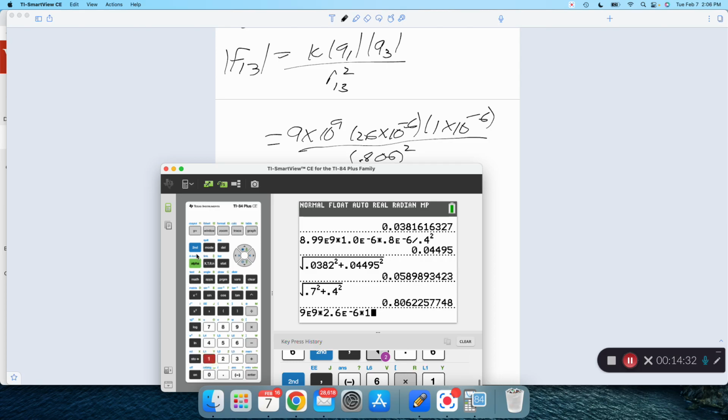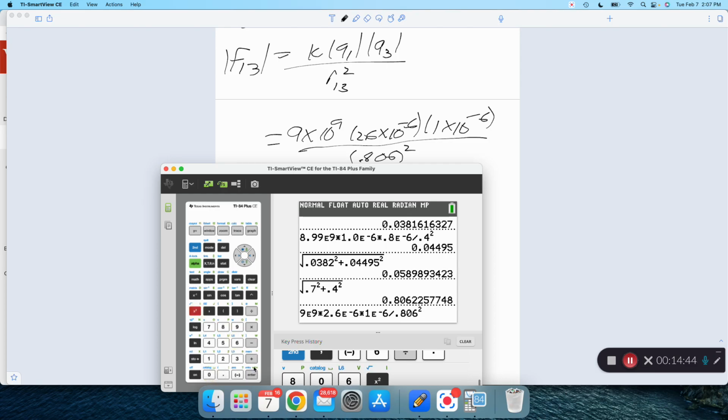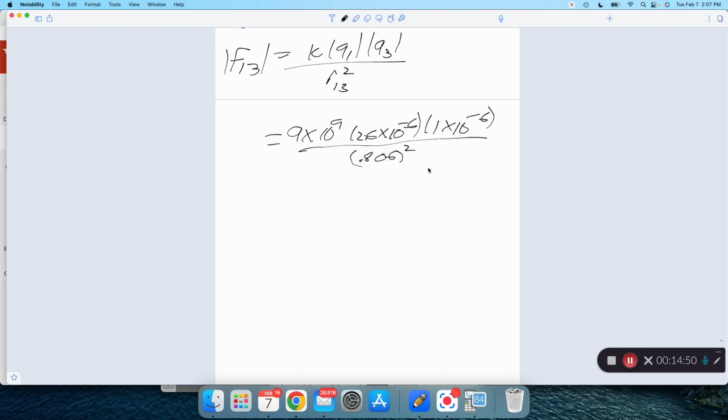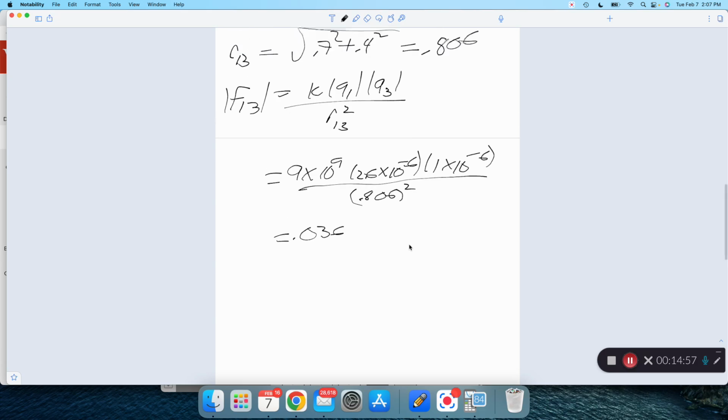Times 1 E negative 6. Divided by 0.806 squared. 0.036. Okay, that's the magnitude of the force.